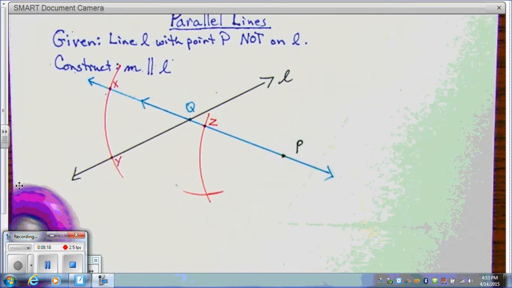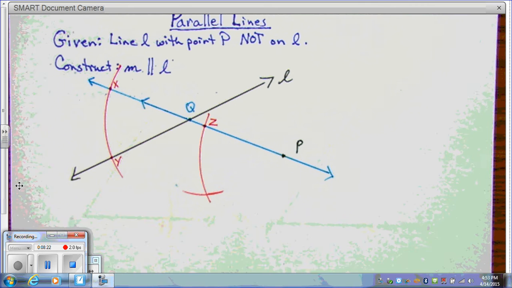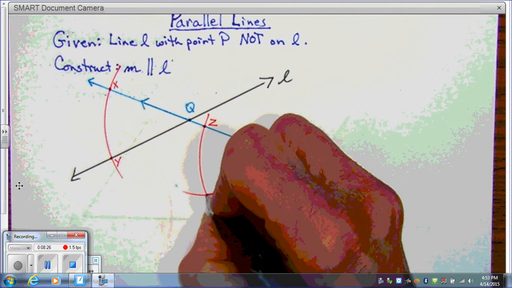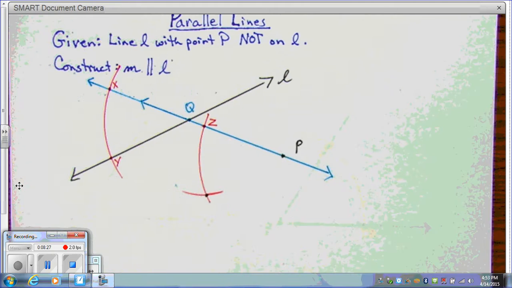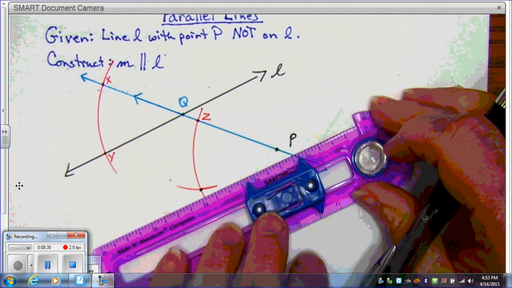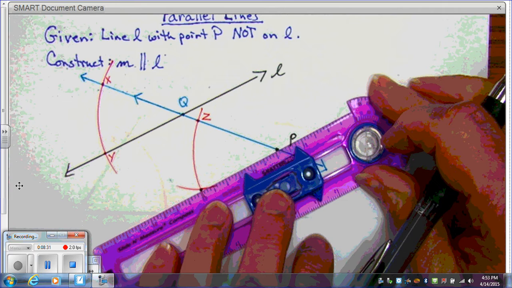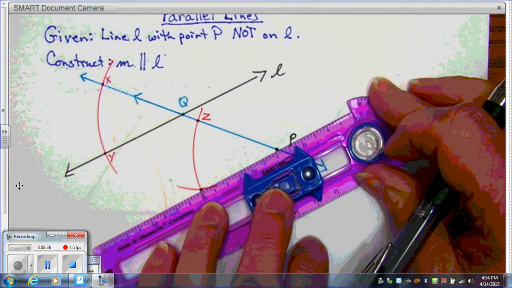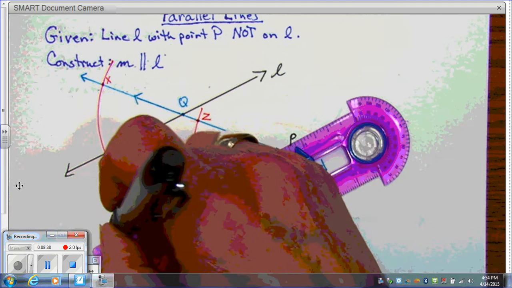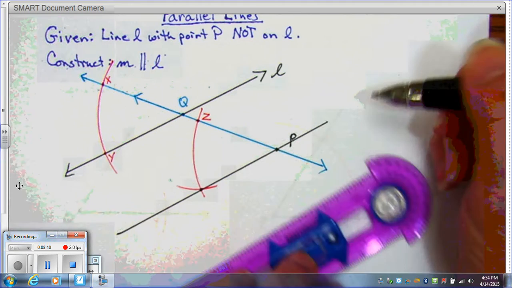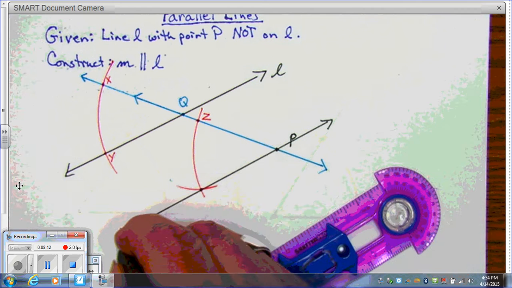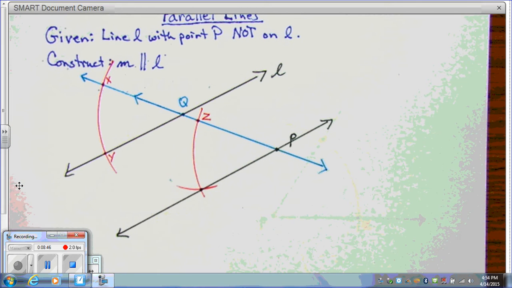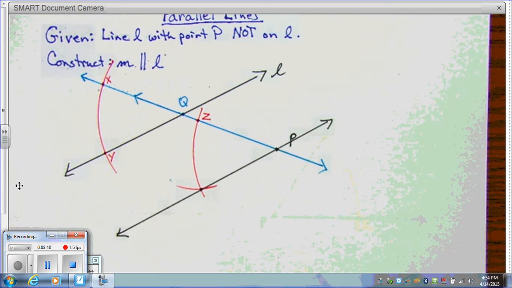And now I'm ready to draw the line. The line is going through P and through that point right there. When I get this line, what should it be parallel to? It should be parallel to L passing through P. And if I'm really accurate and very good holding my ruler straight and still, that looks really good, if I have to say so myself.